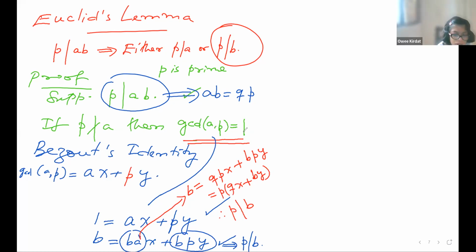Therefore, Bezout's identity applied to this gives us 1 equals AX plus what? PY. Agreed? And so I rewrite it.